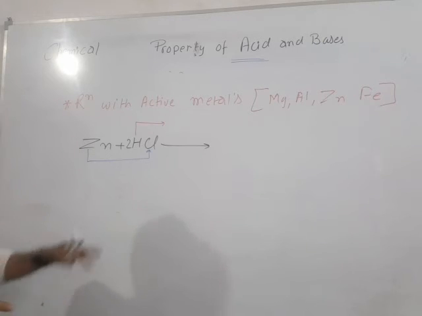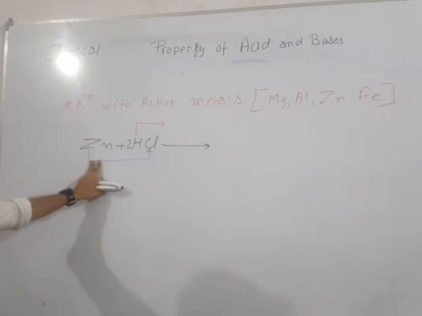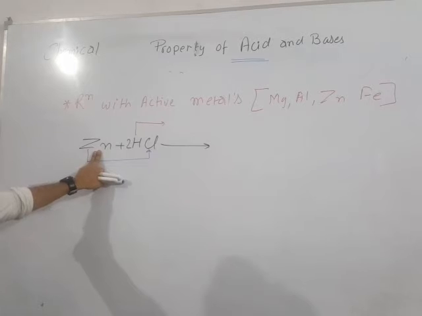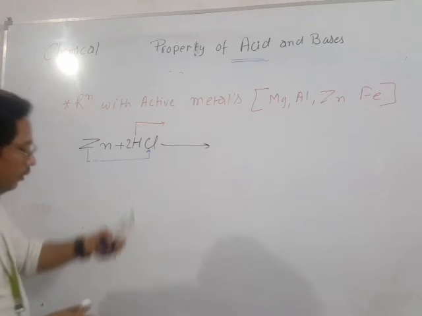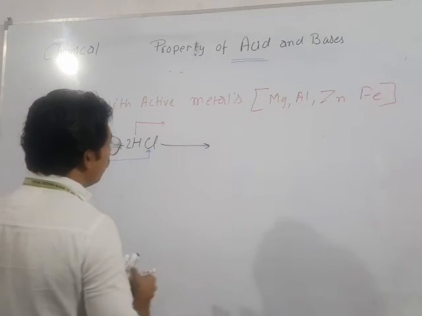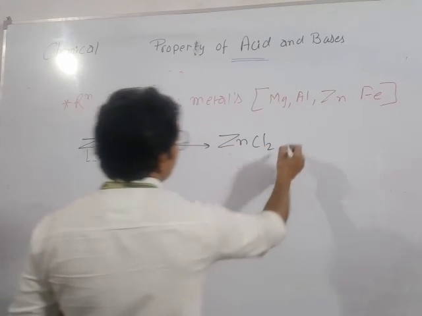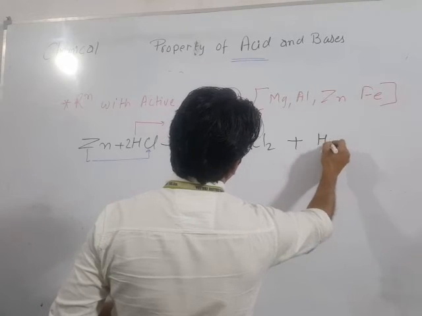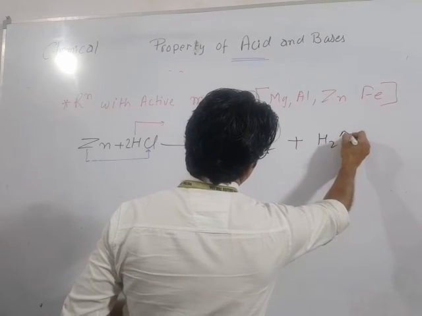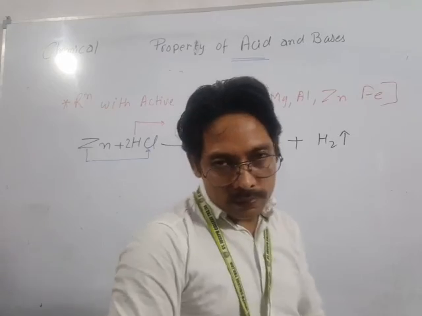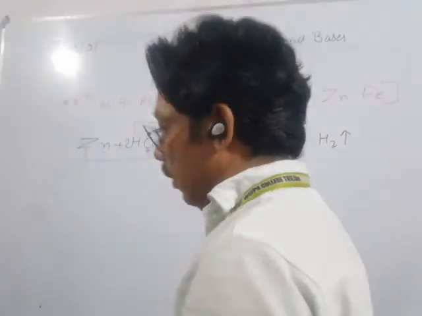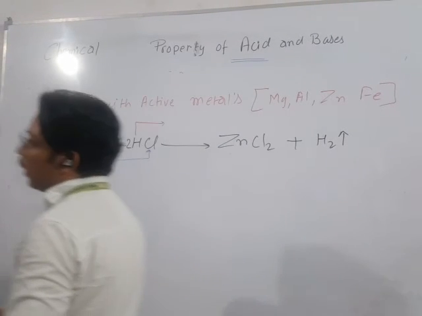You know very well this is also a displacement reaction, on the basis of the activity series. The zinc displaces the hydrogen here. So the product formed is ZnCl2 plus what? Hydrogen. Okay, yes or no? Okay, confirm.